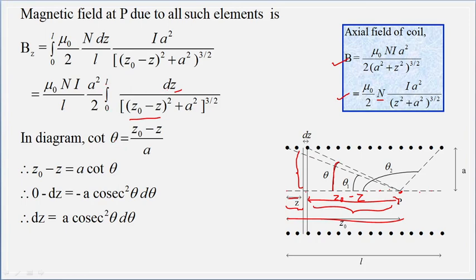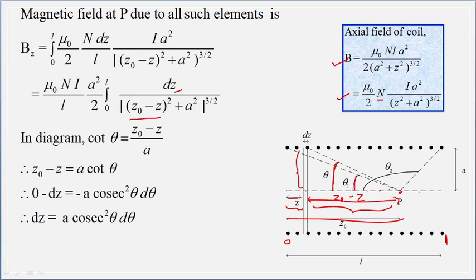Now what is the angle theta? If you take this end as L equal to 0, and this end as L equal to L, then when you take the element at this point, the angle is theta 1.